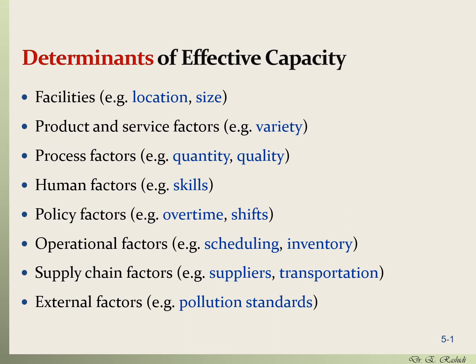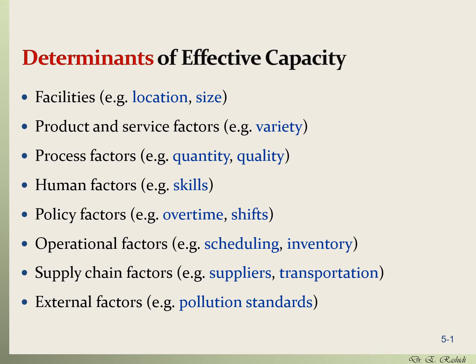Also, in terms of policy factors, that could also be a determinant of the effective capacity. The policy regarding overtime, for example, working overtime. What is the policy? That's a big determinant for the capacity of your system.